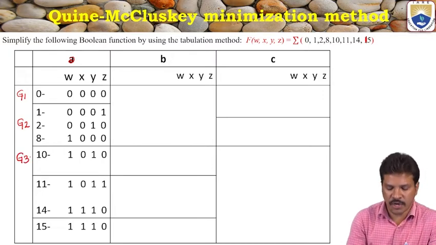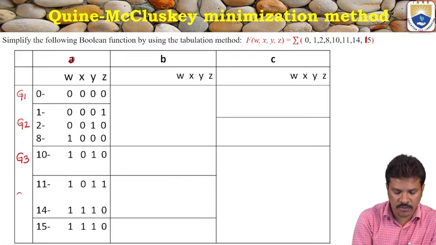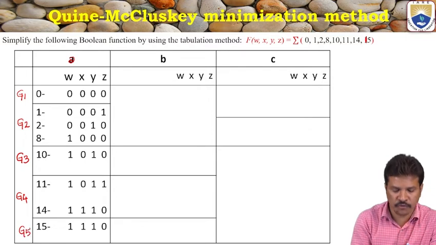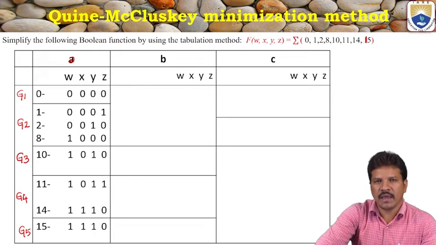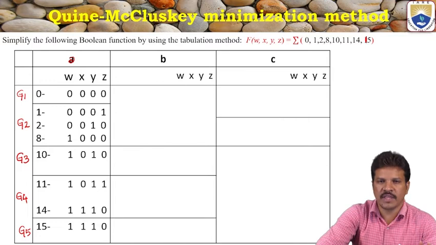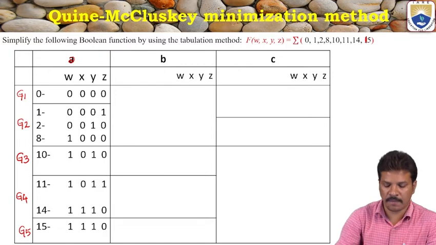And 11 and 14 have 3 ones, so we group them into group 4. And 15 has 4 ones, so we group it into group 5. So in column A, we have 5 groups, divided based on the number of ones in the given minterms.